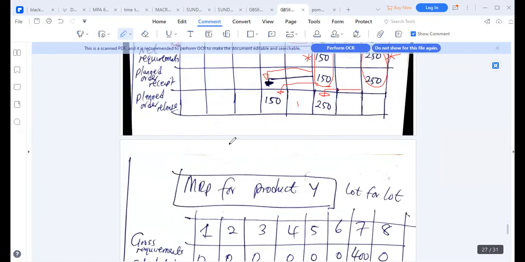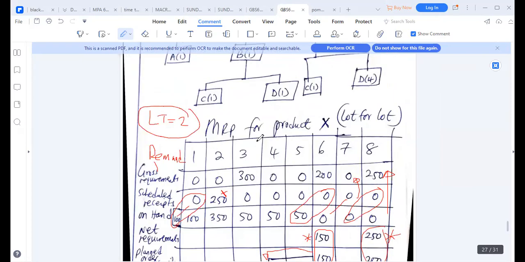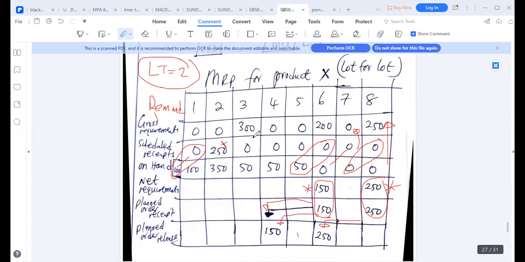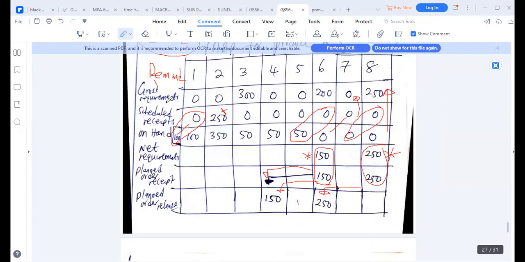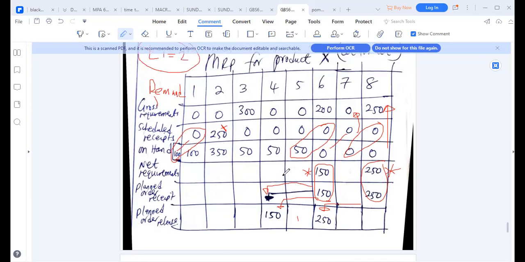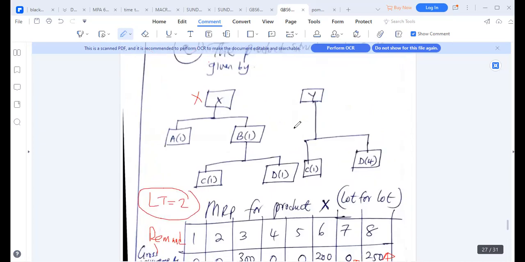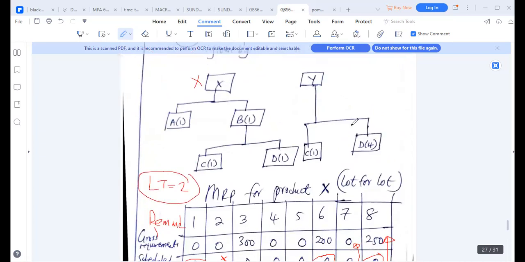The scheduled receipts are zeros. The on hand is 30 as from the question. So you have to pay attention: there are 6 components, and this is the format in which they're supposed to be. Gross requirements, scheduled receipts, on hand, net requirements, planned order receipts, planned order release. This is the structure tree we have here for X and Y.